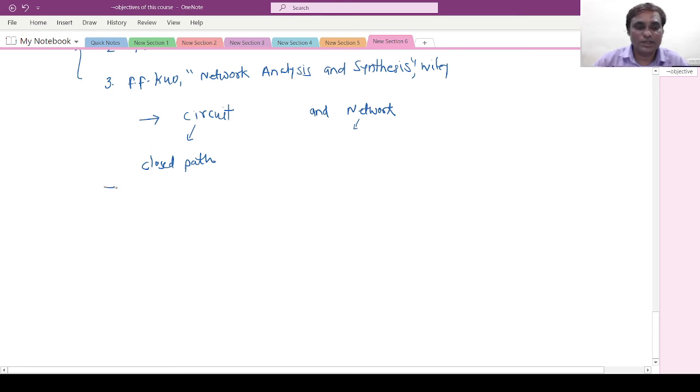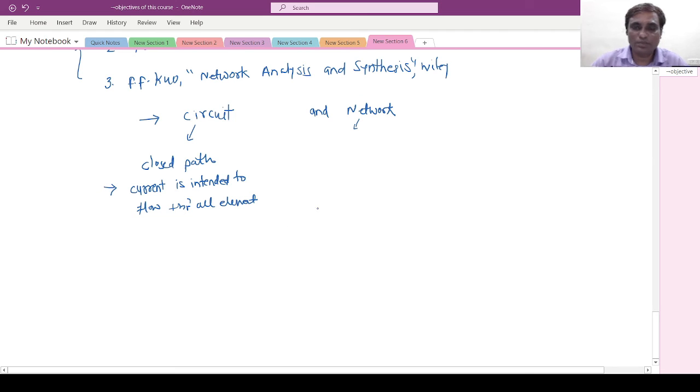And in a circuit, the current is intended to flow through all elements, whereas in a network current does not necessarily flow through all the elements. So a network is a more generalized term and a circuit is a special case of the network.